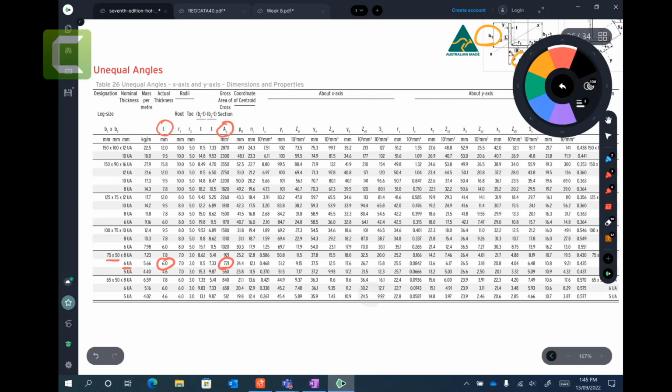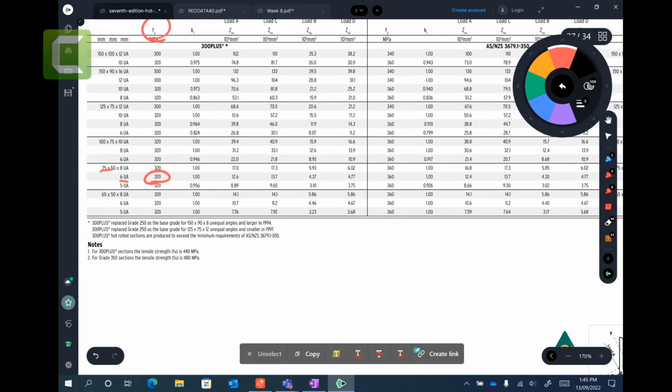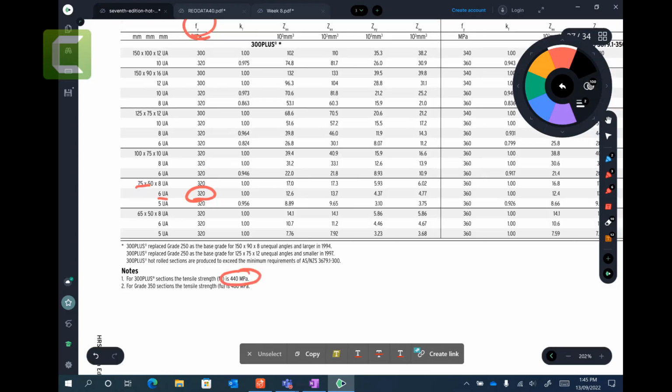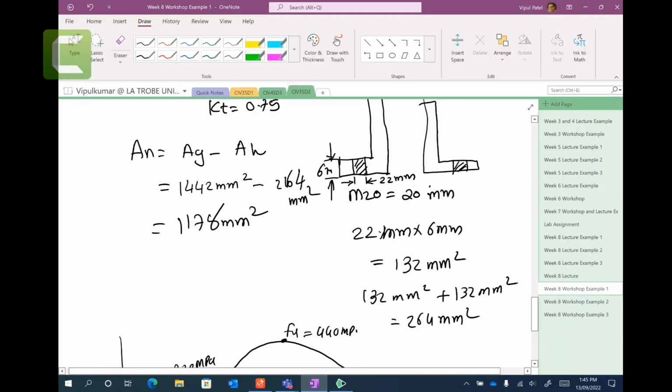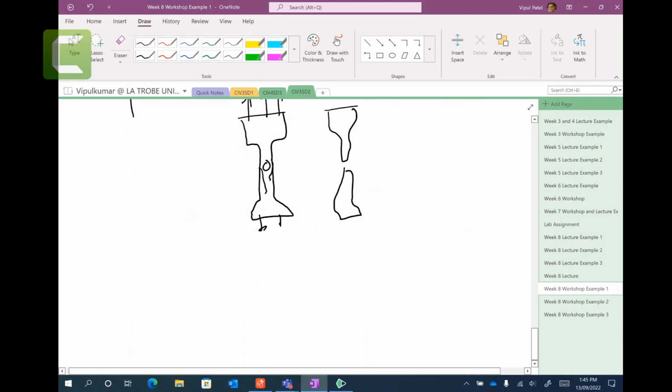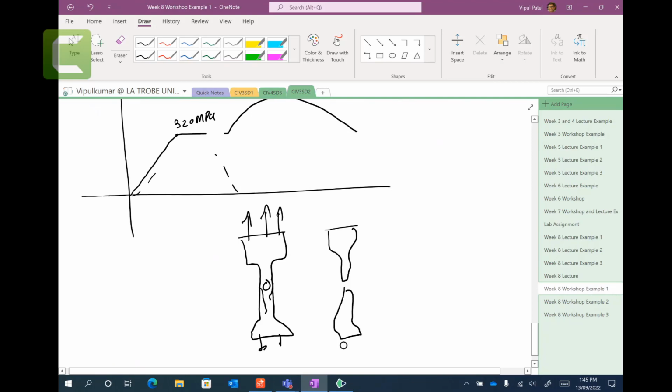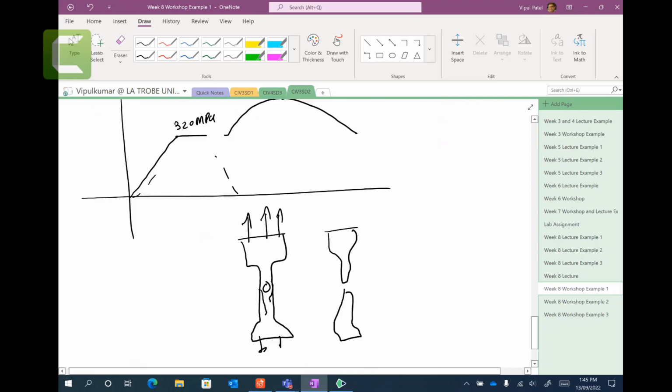So where are we going to get it? If you go on this one and come back here, for 300 plus section, tensile strength Fu is 440 megapascals, from the steel tables. So that is 440. Now let's find it. So Nt equal to 0.85 kt An Fu. kt was 0.75.